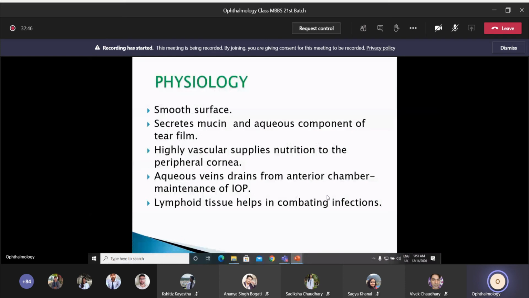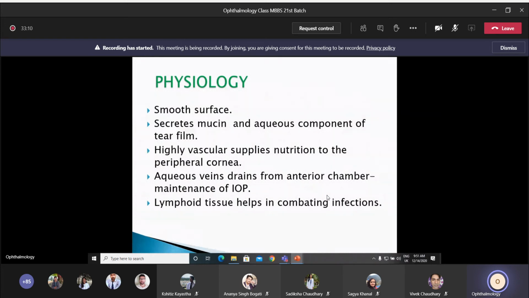So now coming to the physiology, the main function of the conjunctiva, as we all know, is that since it's smooth and translucent, it provides a smooth surface for the spreading of the tears. Okay, so whenever there's any rough surface in the conjunctiva, like in conjunctival xerosis in case of vitamin A deficiency, that will lead to dry eye.